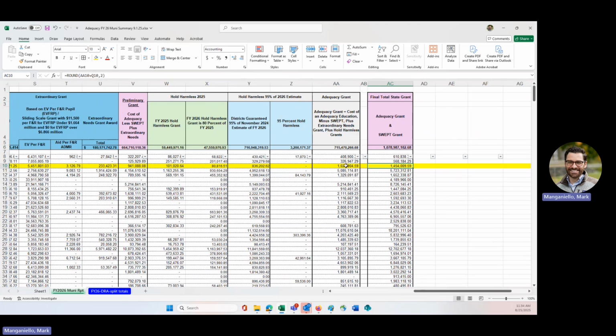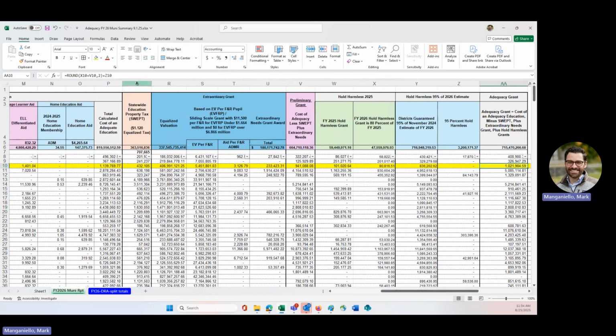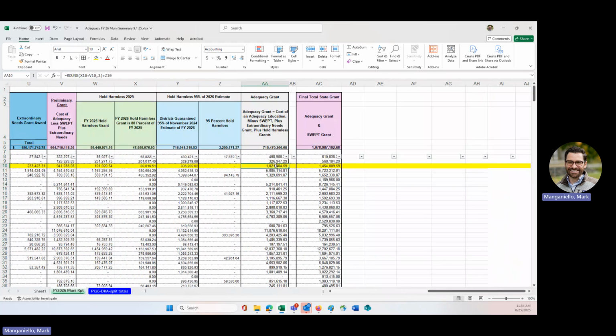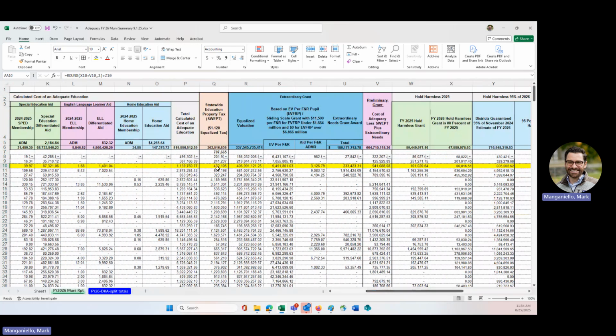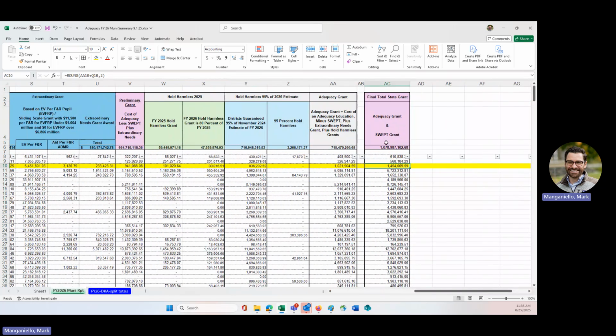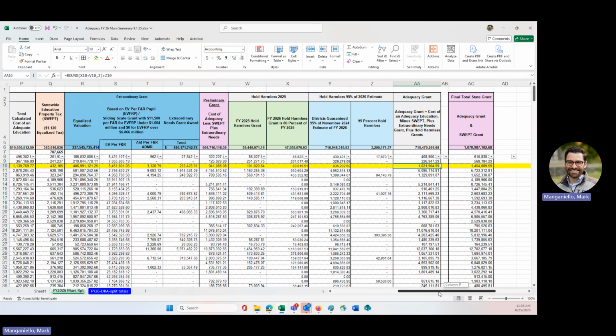However, it's important to know that the adequacy grant and the SWEPT grant are two different components, because this is cash and this is a state tax collected locally and retained locally. But state policymakers typically look at this number, where school districts are more hyper-focused on this number. But all of the numbers are significant, and you need to understand the different components.